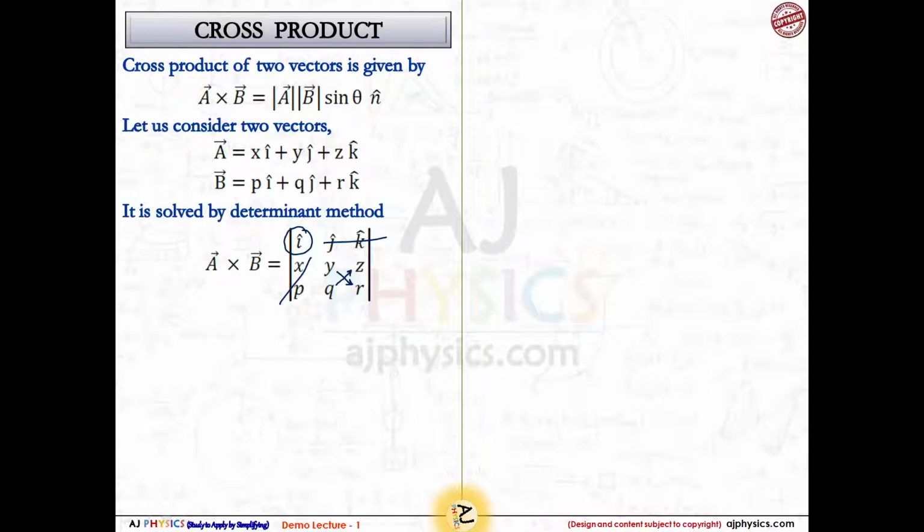So this will be i cap multiplied by (yr minus qz). Now if we have to solve for j cap, this will be negative. While solving this determinant, the middle term we take as negative. So this will be minus j cap, and we neglect this row and column, so this will be xr and pz.